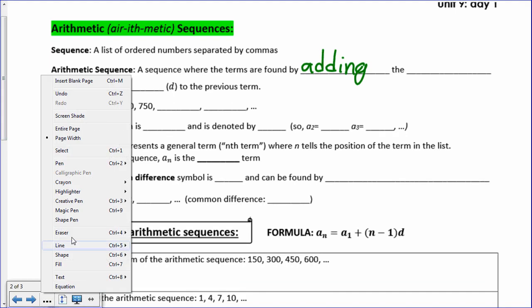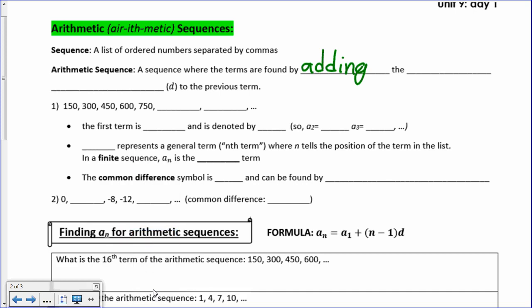So an arithmetic sequence is when you're adding something called the common difference, which is called D. We're going to be adding that to all of the previous numbers.